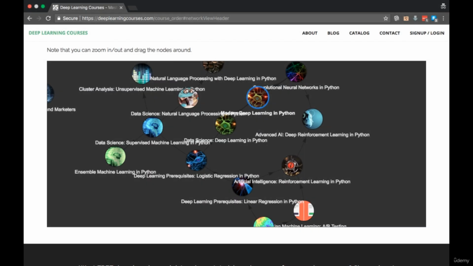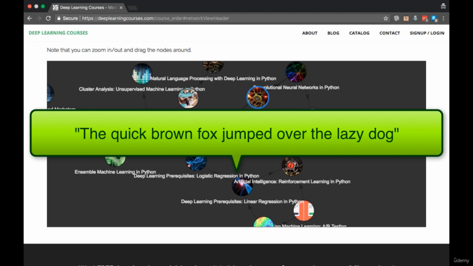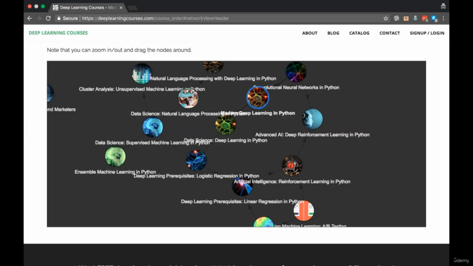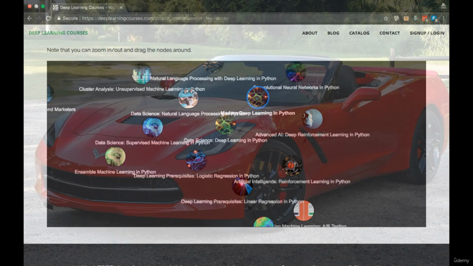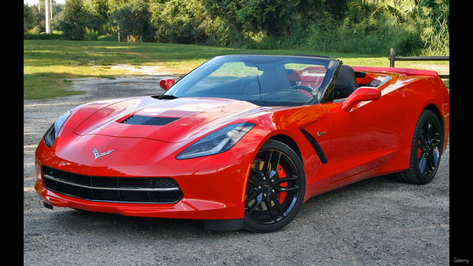For example, we know that text is made up of sentences, and sentences are sequences of words, so sequential modeling is important. We know that images are two-dimensional objects, but importantly, each pixel is very likely to be the same as nearby pixels. For example, if you pick a random pixel on an image of a red car, if that pixel is red, then most likely the pixels around it are also going to be red.